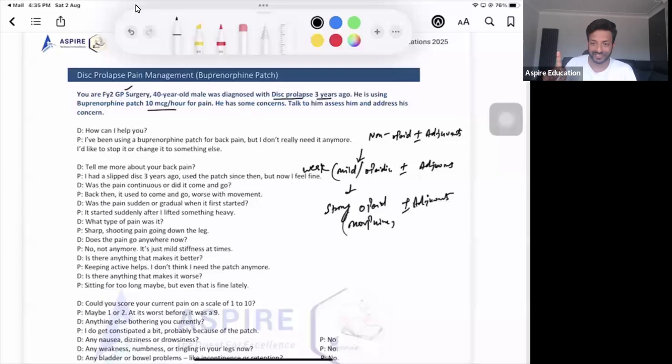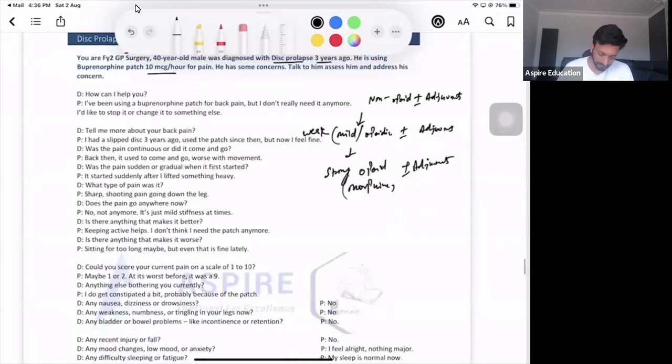So don't overdose the patient. In the first 12 to 24 hours, you might have to give some other painkillers for the pain management, but later be very careful, don't overdose the patient. So that's something that we need to know about the patches, right? So this is what we have got in this particular scenario. All right.